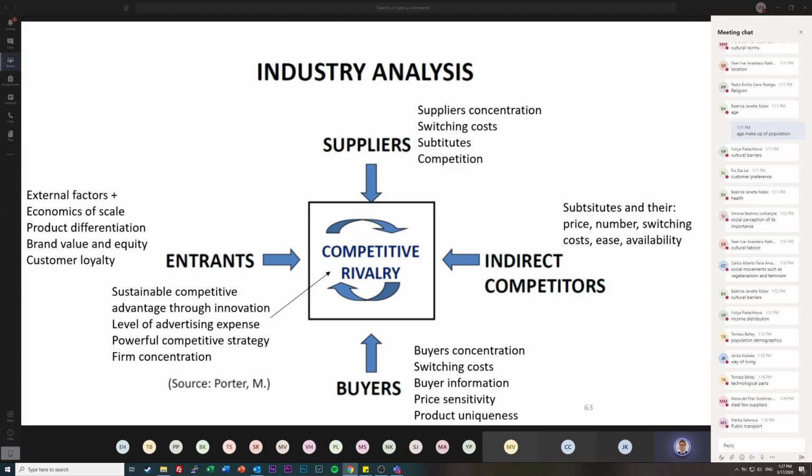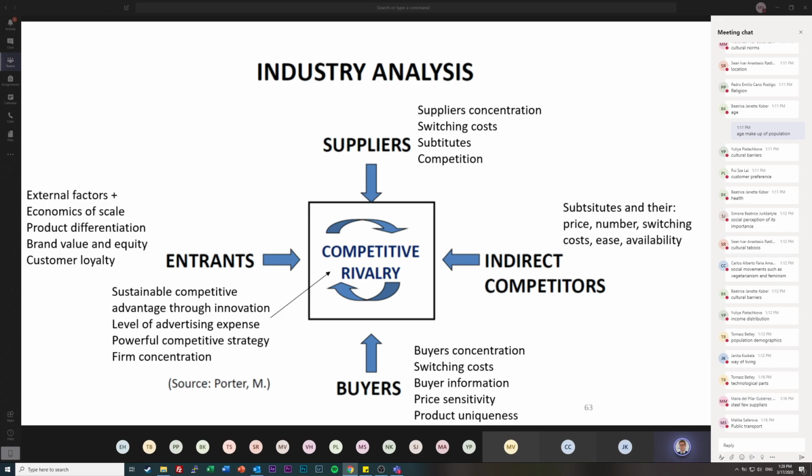So to switch from, I don't know, Samsung to Apple and so on, it's not difficult. Here the switching costs are quite low. It's easy to transfer your contacts from one phone to another phone. Then the ease of switching: if there are some specific complications, for instance, some long-term contracts, some difficulties, and so on. And availability: if it's easy and there are enough products available on a market to switch to.